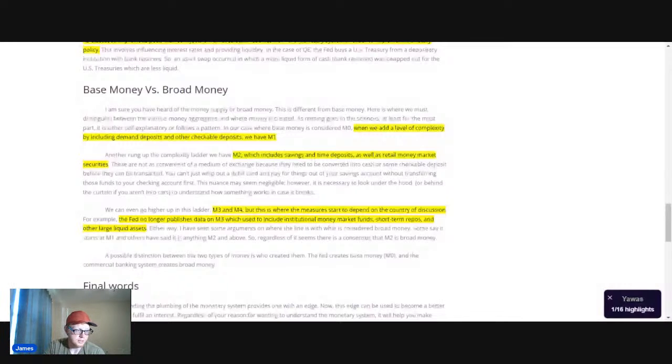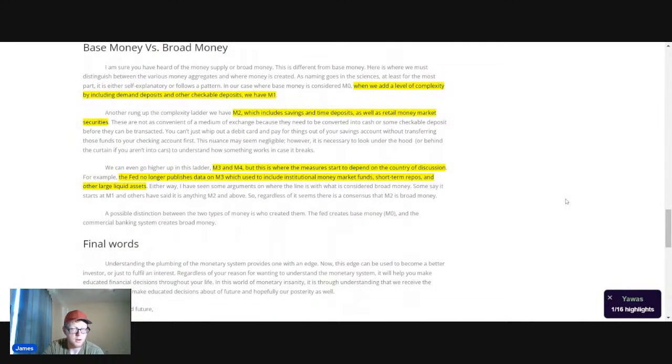You're not holding billions of dollars in a money market fund, most likely. But M2 is what we normally talk about as the money supply. It's typically what people mean when they talk about that.